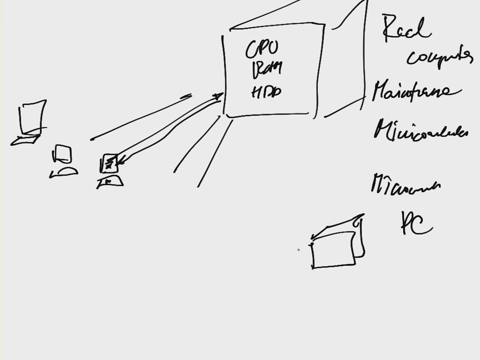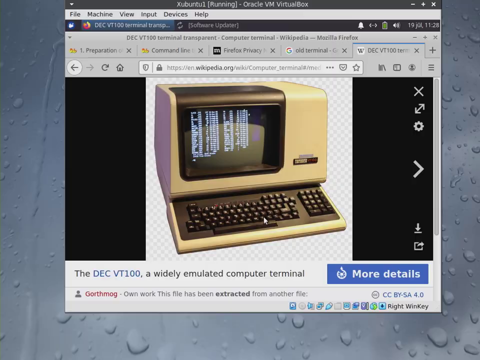This box was much smaller, and it had keyboard and display very close to it, usually just for a single user. And starting from PCs, you could introduce the so-called virtual terminal. A virtual terminal is where you do these things, send data from keyboard and print something out, just as software, not as hardware.